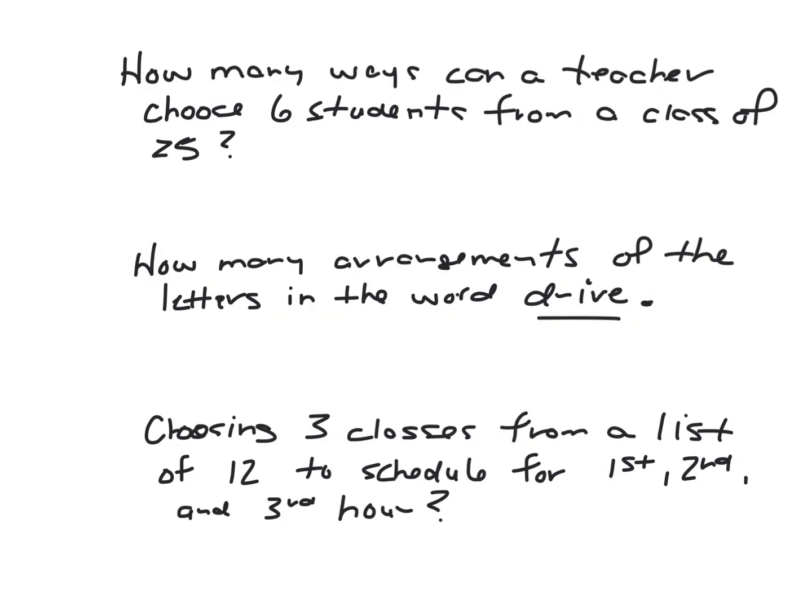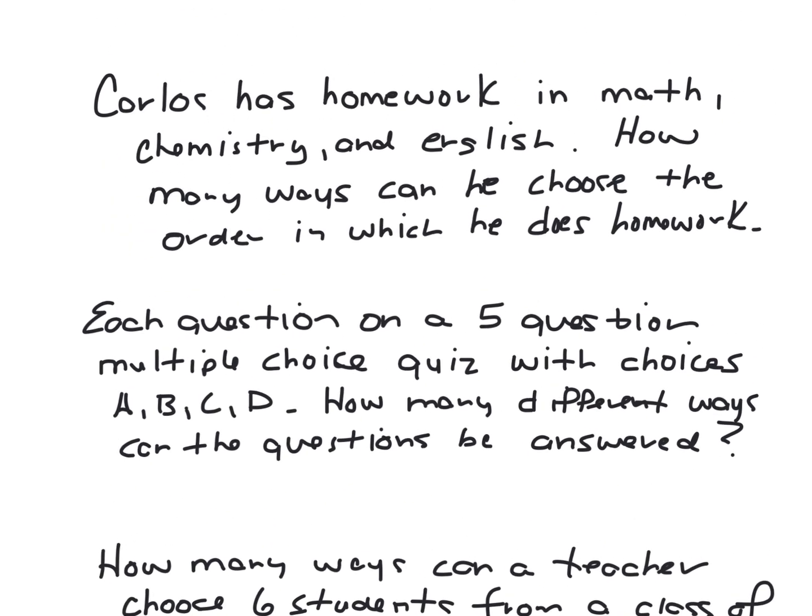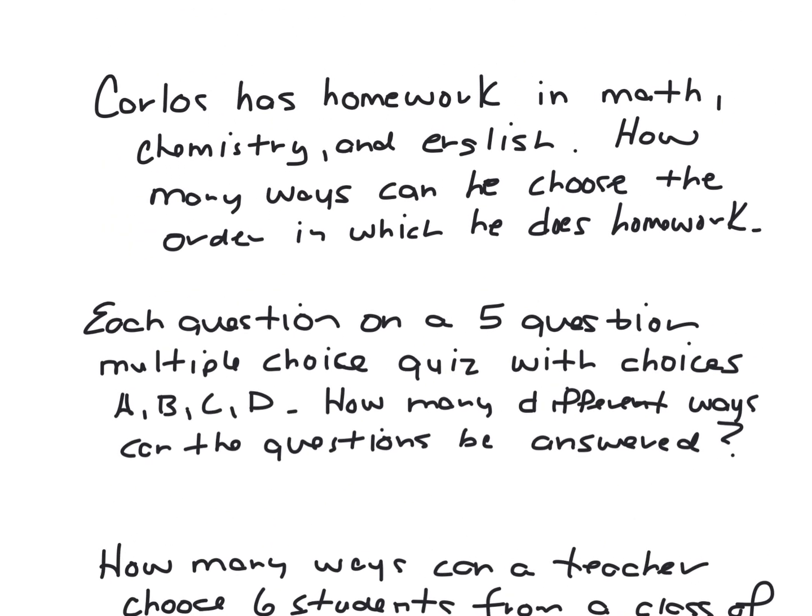So applying this with some different problems, here are different examples. The first question says, Carlos has homework in math, chemistry, and English. How many ways can he choose the order in which he does homework? So we could think of this as a multiplication counting principle. He has to do 3 things.